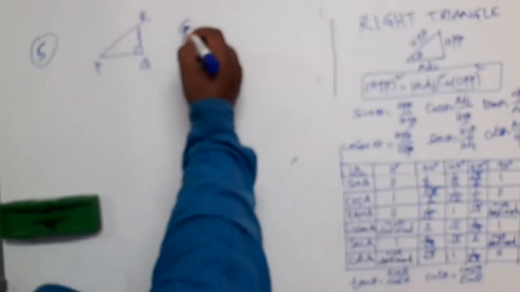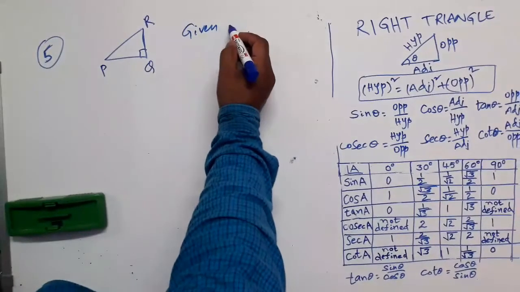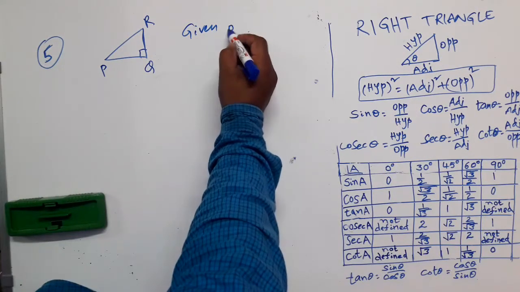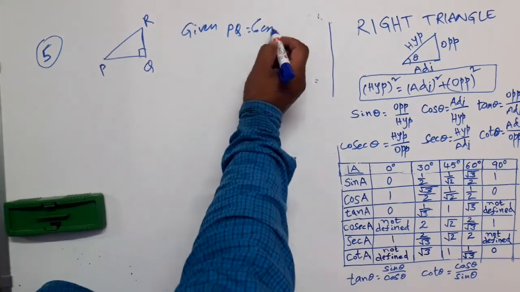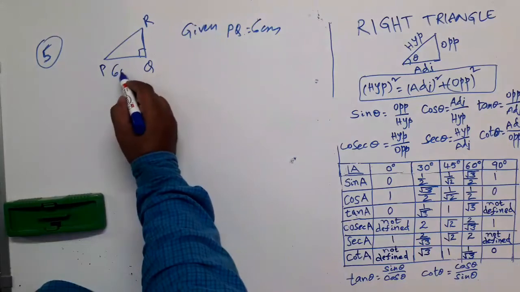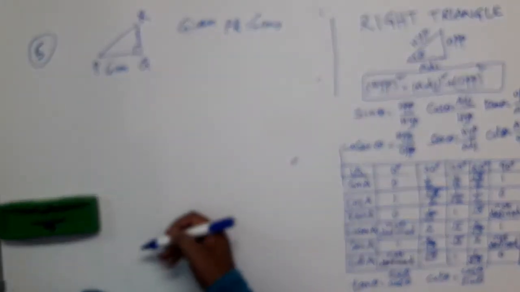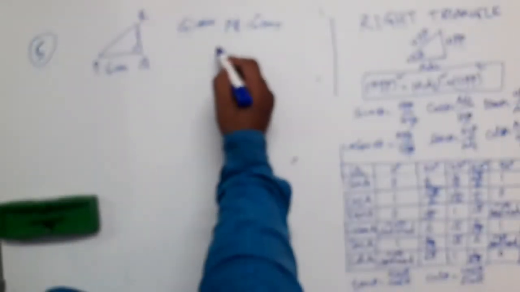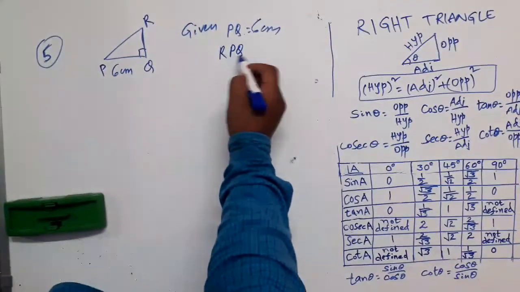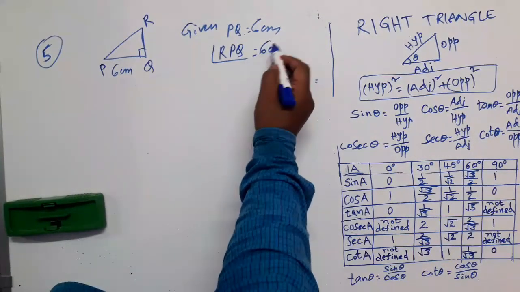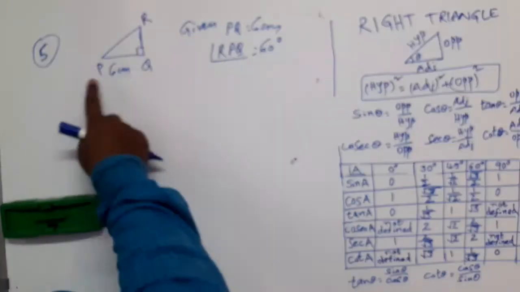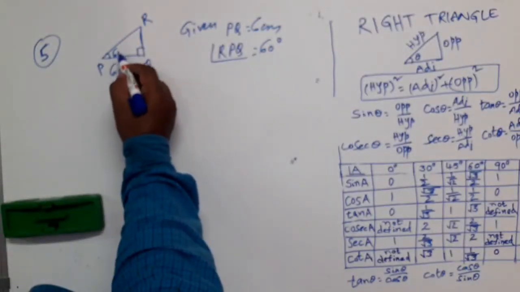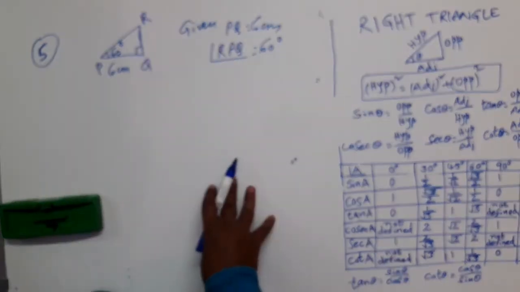What is given? PQ is 6 centimeters, so this is 6 centimeters. Also angle RPQ is given as 60 degrees. So this angle is given as 60 degrees.